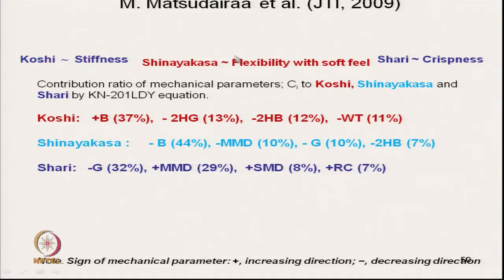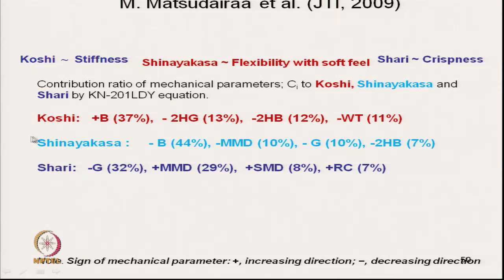Similarly, Shinai Akasha is not just the opposite of bending, it is not directly flexibility, it is flexibility with soft feeling. And Shari is a crispness, some crisp feeling. So, all these primary handle related characteristics, some low stress mechanical characteristics, we can get from the primary hand values.